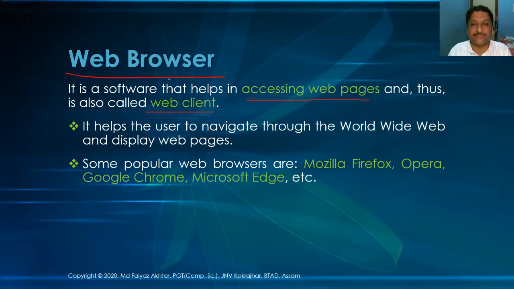It is software which should be installed in our computer to work with it. It helps the user navigate through the World Wide Web and display web pages. Some popular web browsers are Mozilla Firefox, Opera, Google Chrome, Microsoft Edge, etc.